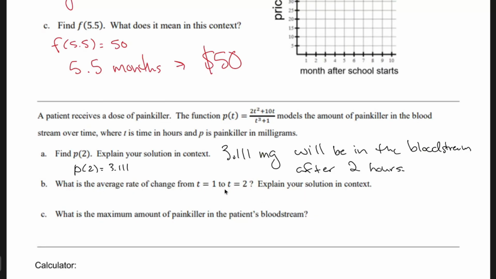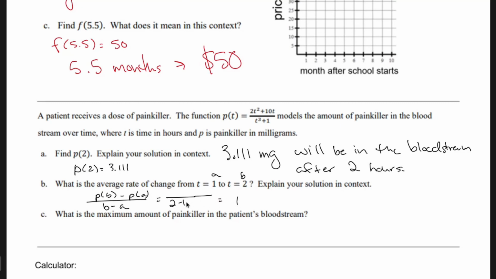What is the average rate of change from T1 to T2? Explain your solution. All right, well, we kind of figured out that, look, we would do P of B minus P of A over B minus A. The easy part about this is if I call you A and I call you B, which is what we would do, I get 2 minus 1, which is 1.